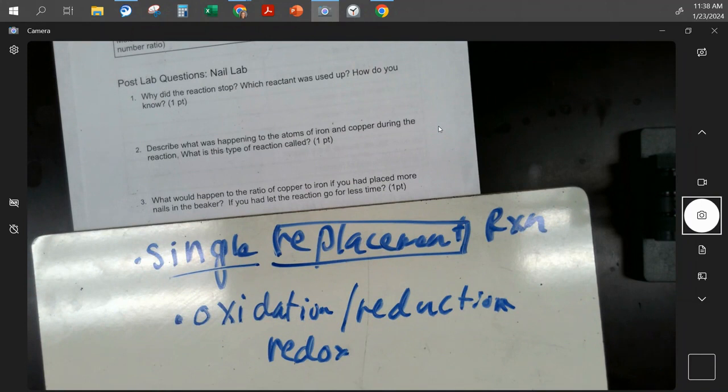Next question. What will happen to the ratio of copper to iron if you had placed more nails in the beaker? So let's think about that. Would it change the reaction if you put more nails? No. Right. The copper would have run out still. So think about how many copper ions for how many iron atoms we need.